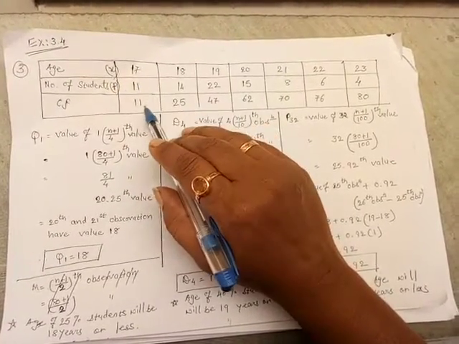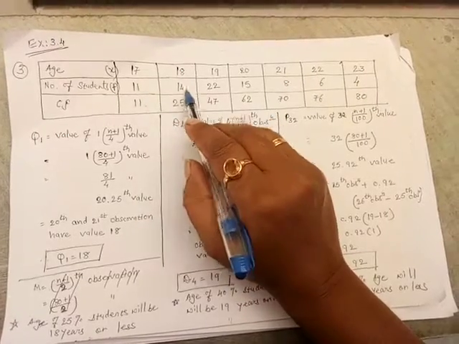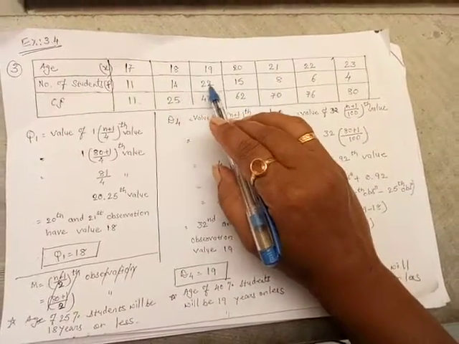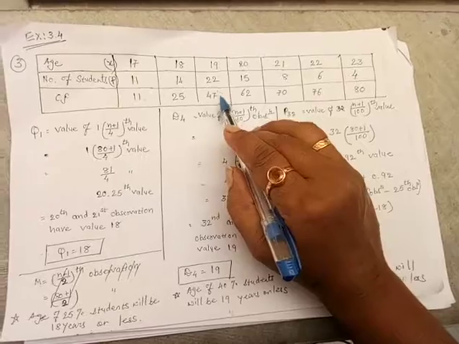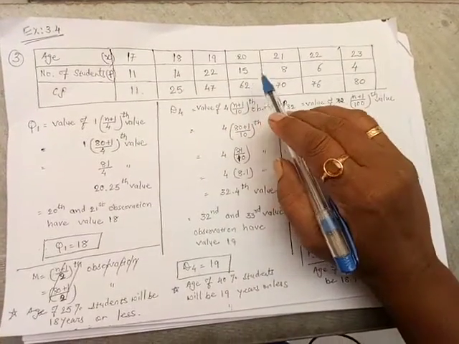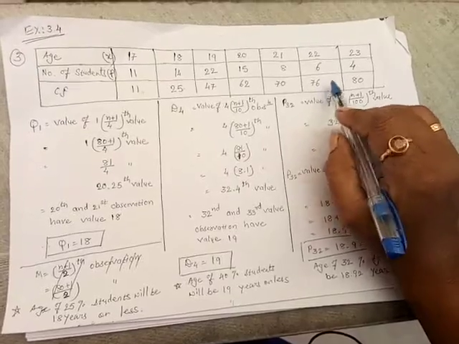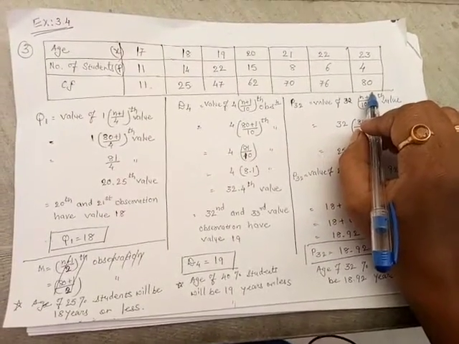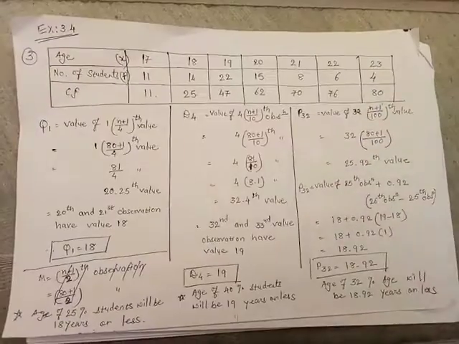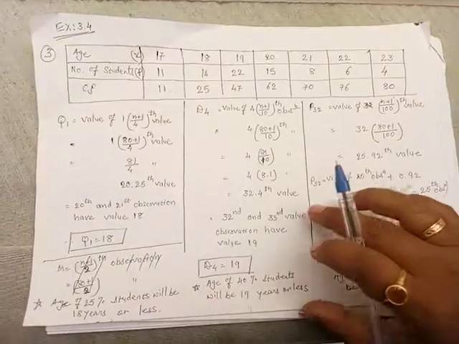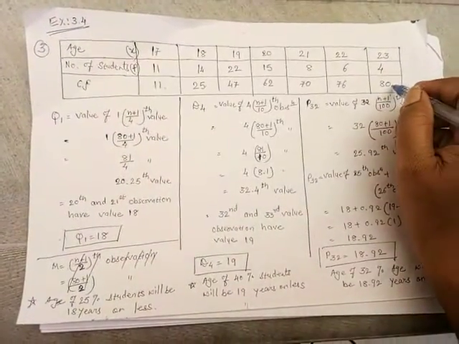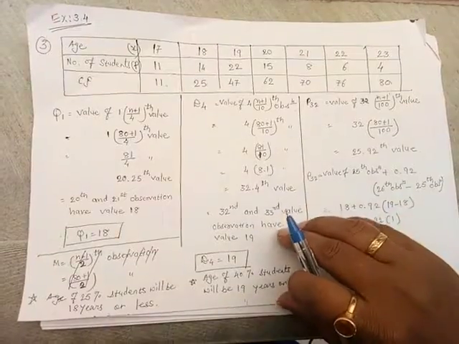So 0 plus 11 is 11, 11 plus 14 is 25, 25 plus 22 is 47, 47 plus 15 is 62, 62 plus 8 is 70, 70 plus 6 is 76, 76 plus 4 is 80. In the sum the number of students given is 80, and here also 80 comes. That means our CF is correct.